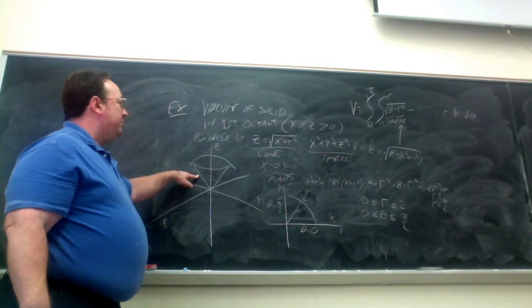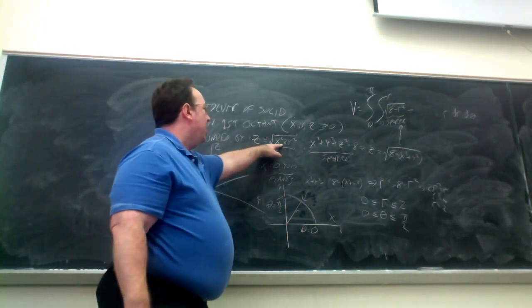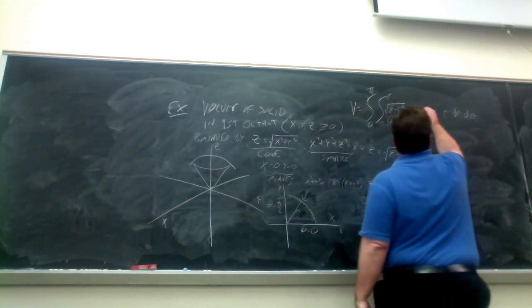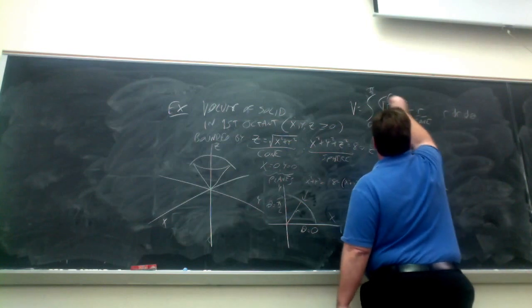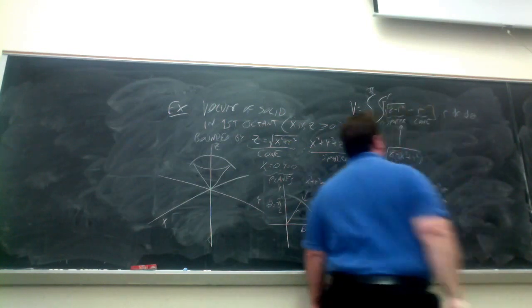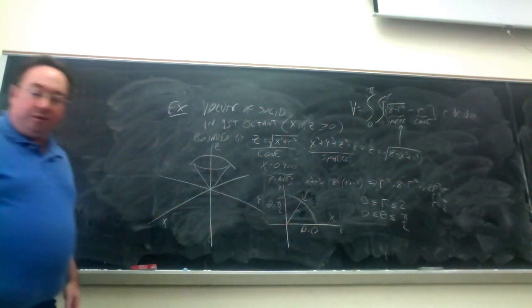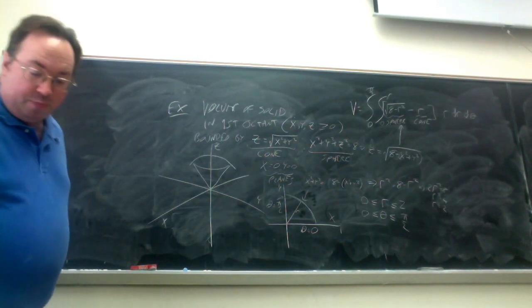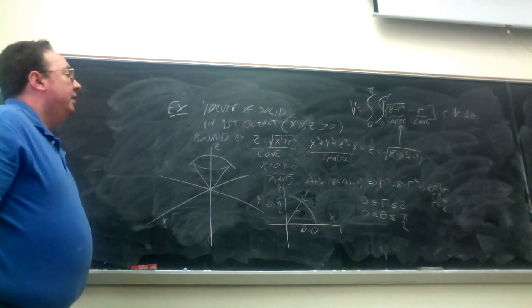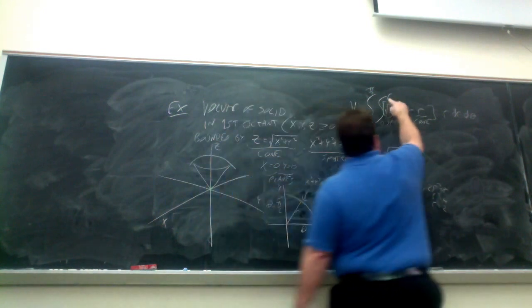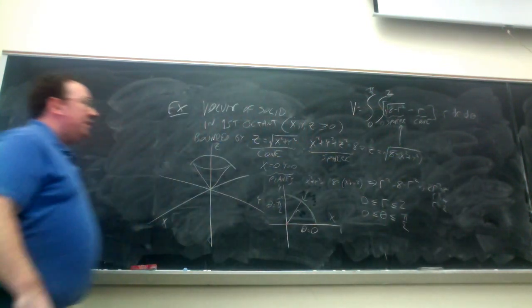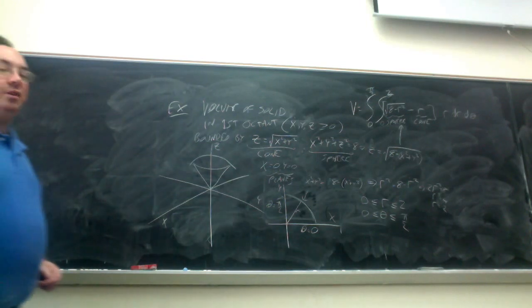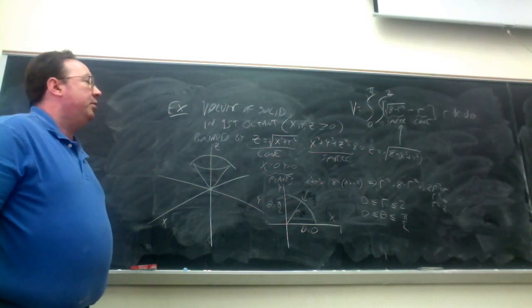But that's just going to be z equals r. And so that times your extra factor of r is going to be your integrand. Okay. So any questions about the setup of this one?